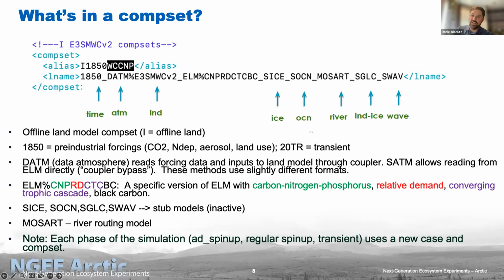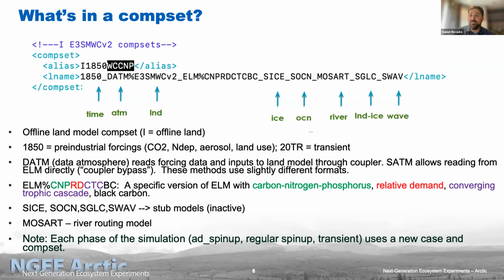We have code within the ELM model directly that can read the reanalysis data. It turns out that's a more efficient way to run these offline land simulations, because it avoids some bottlenecks that we see in DATM with passing that data every time step, versus having it all in memory.